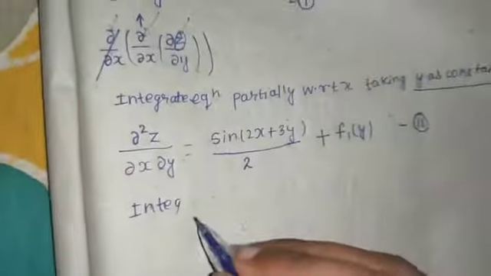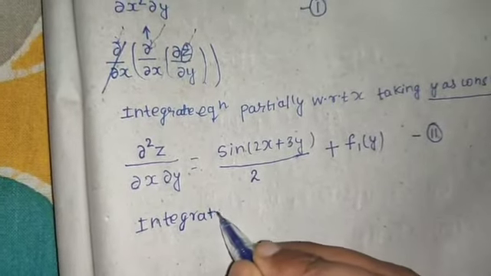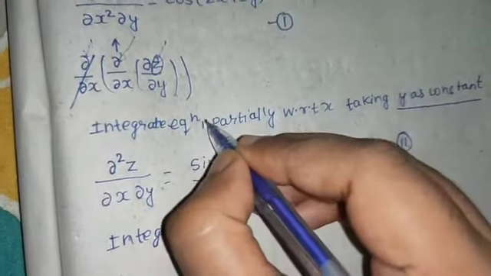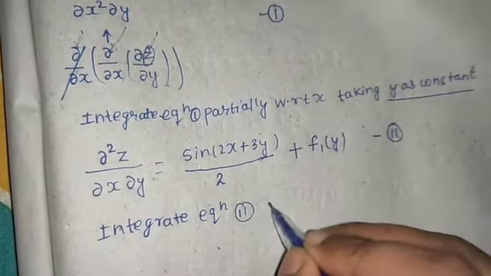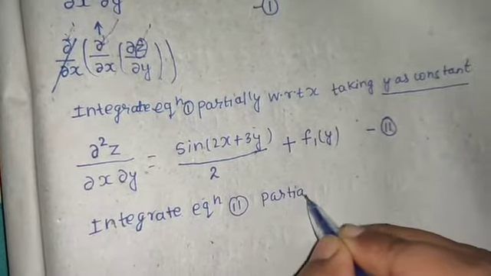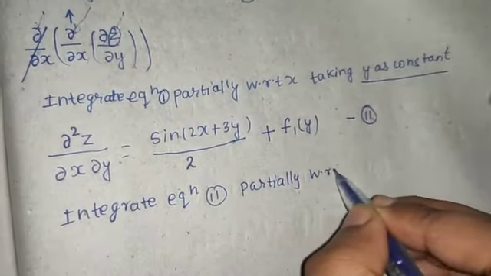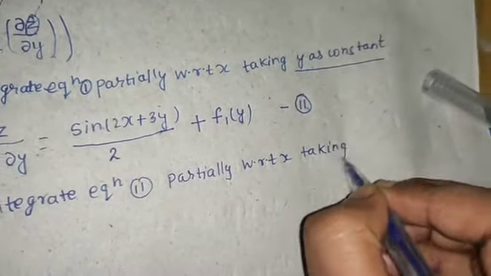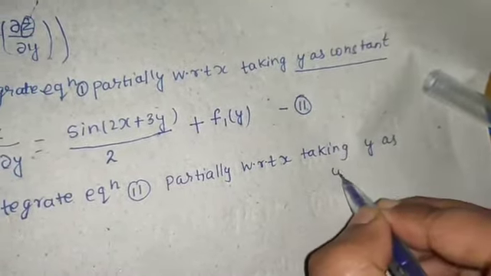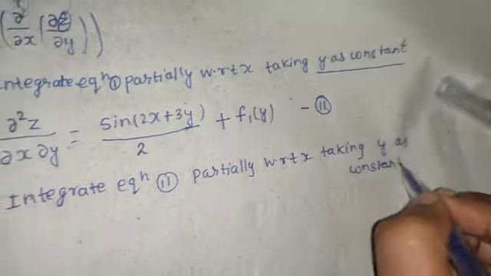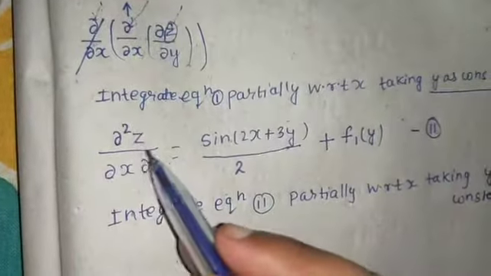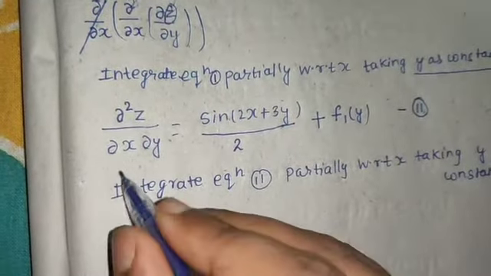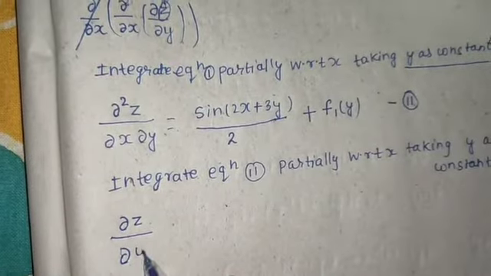That means I have to integrate equation number 2 partially with respect to x, taking y as constant. If you do so, one del by del x will again be removed, so you will be left with del z by del y.